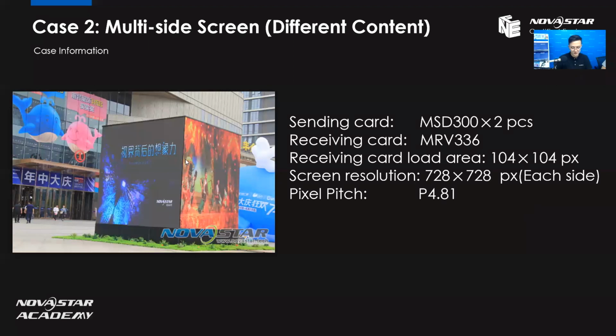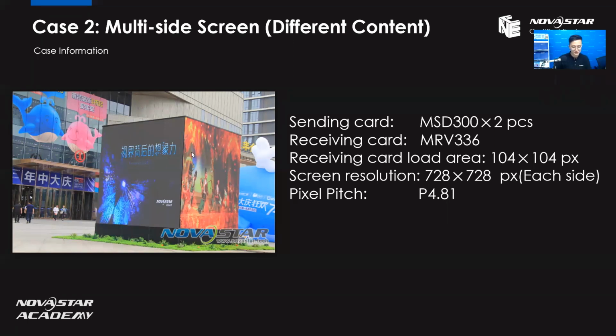The receiving card is the 336, with a loading area of 104 by 104 pixels. The screen resolution is 728 by 728 for each side, so each side has the same pixel resolution. You can think about how to build the system structure and how to do the software setting.